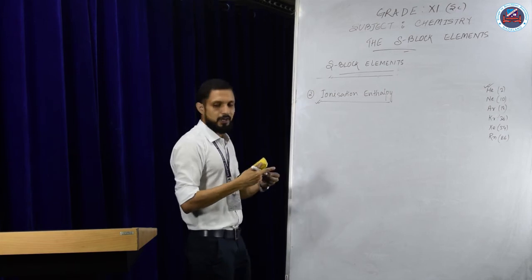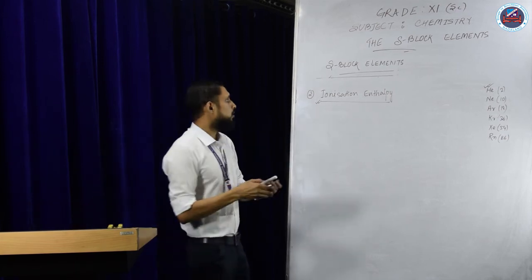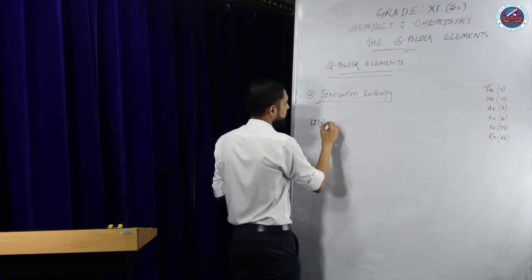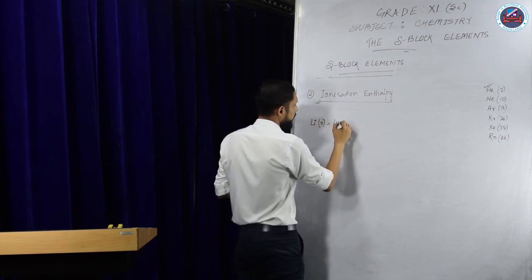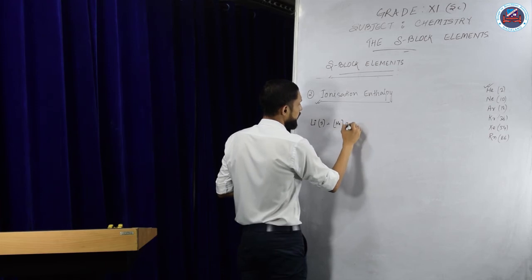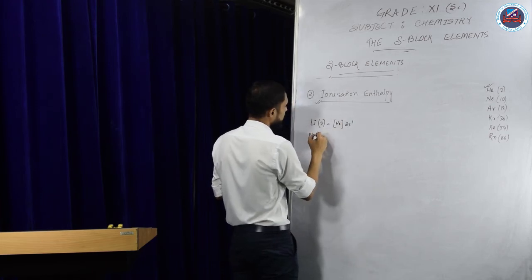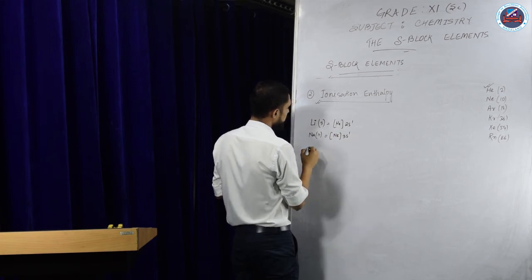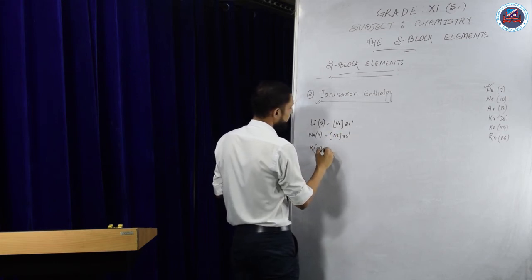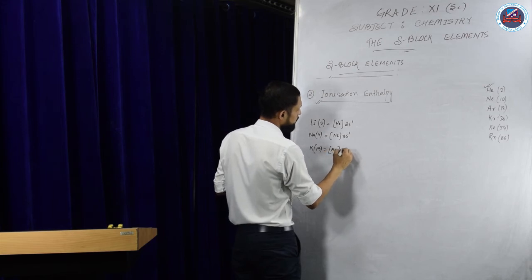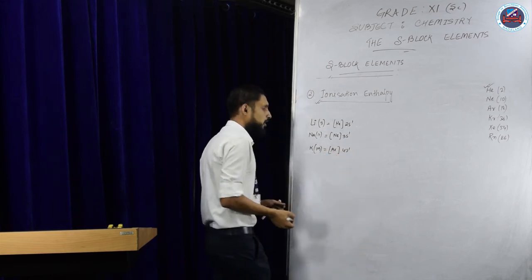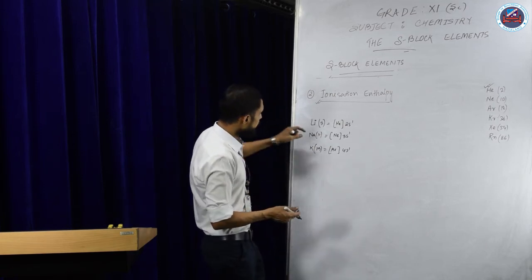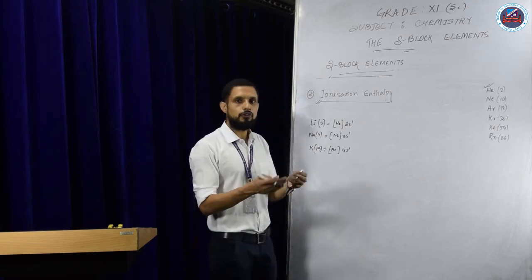So, group 1 elements: lithium 3, electronic configuration helium 2s1; sodium 11, neon 3s1; potassium 19, argon 4s1. We'll first compare these 3 elements, and the order will be the same.